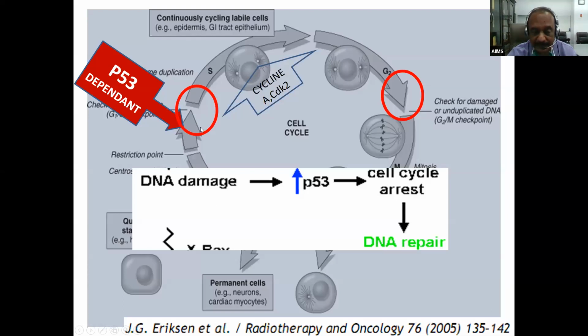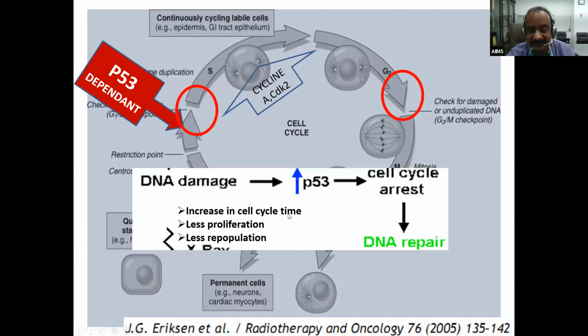So there is a cell cycle arrest, which means that it results in an increase in cell cycle time, which means that repopulation is now less. So when you reduce overall treatment time by a modest 7 days, probably it will not benefit.